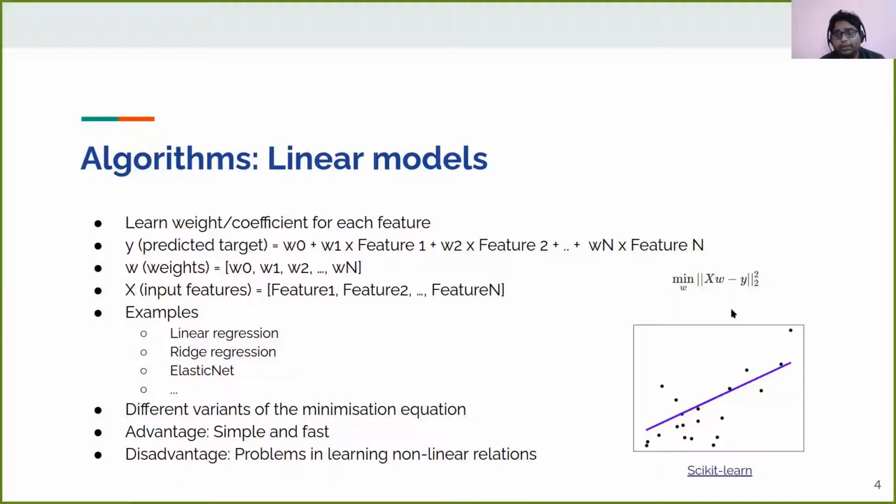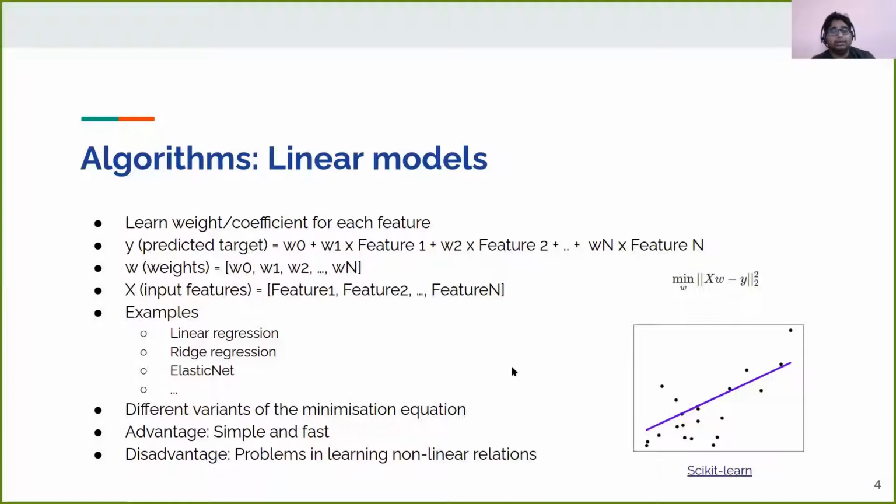So we solve this equation and find a set of weights which minimizes it. There are different examples of linear models. Linear regression, ridge regression, and elastic net work on similar principles, but this minimization equation that we just discussed differs a bit.